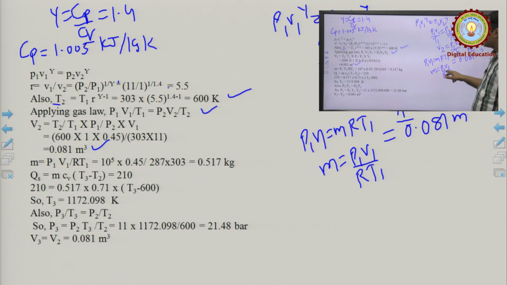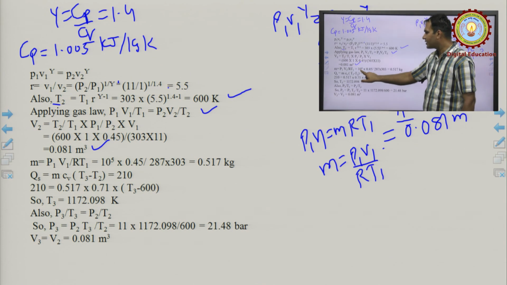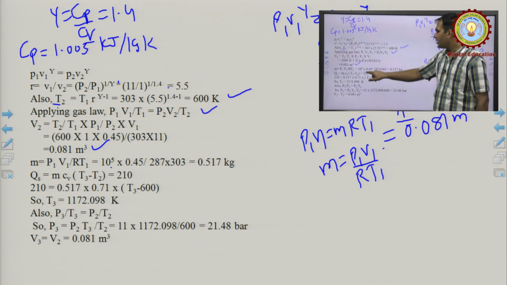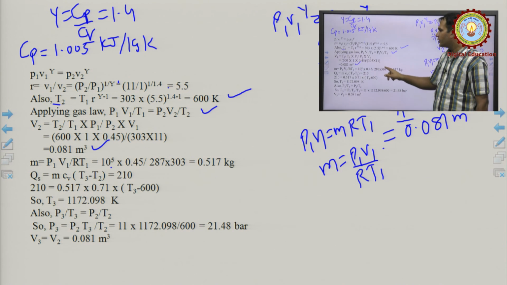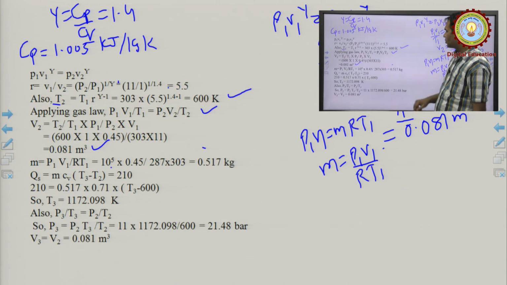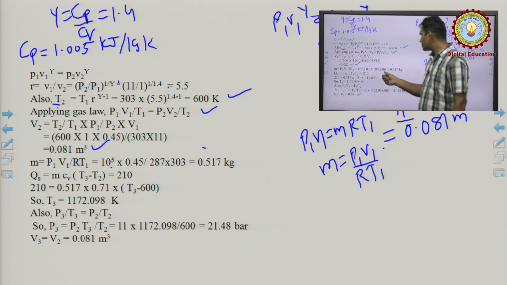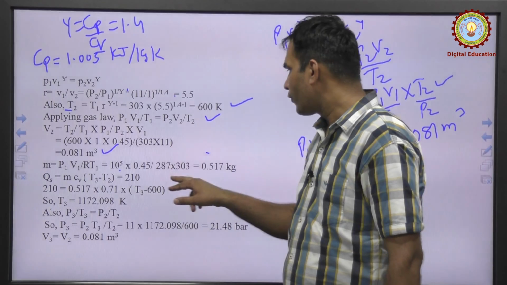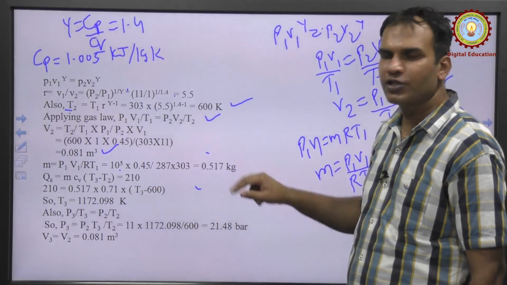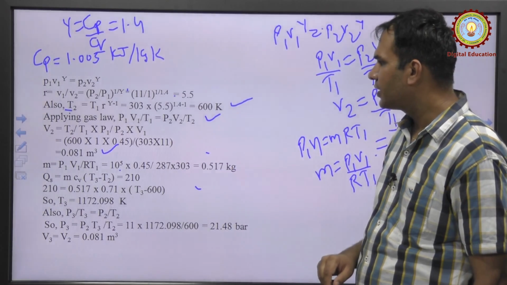The value of P1 is 1 bar, which is 10⁵ Pascal, and the value of V1 is 0.45 meter cube, as given. The value of R is 0.287, and T1 is 303. So from here the mass comes out to be 0.517 kg.